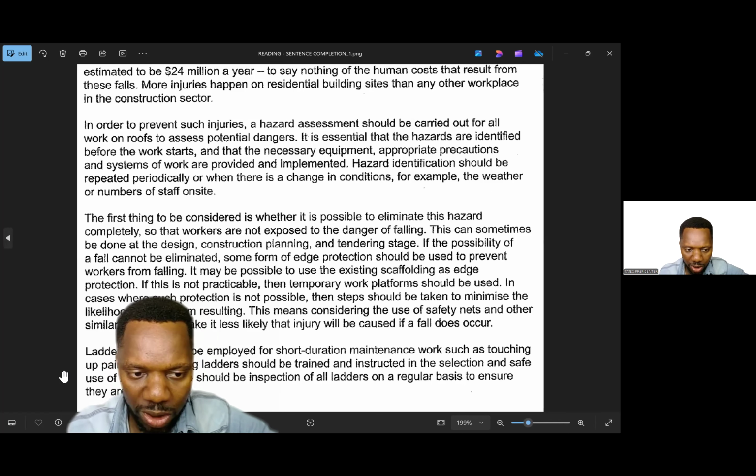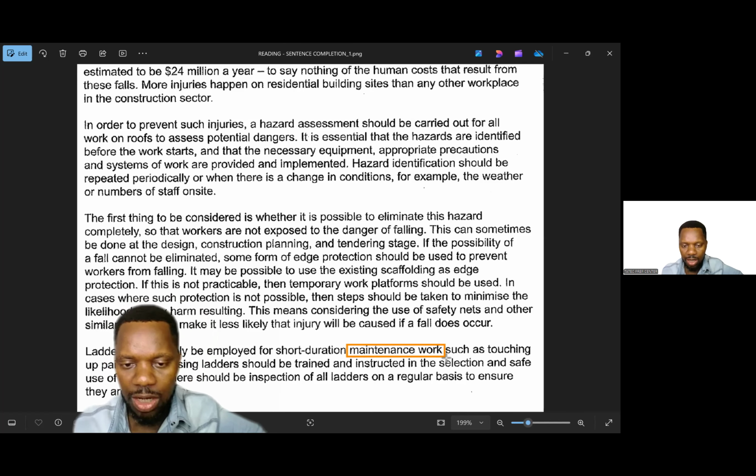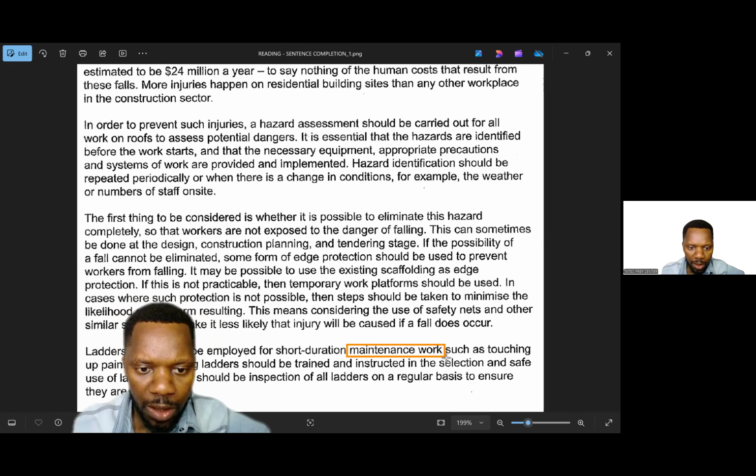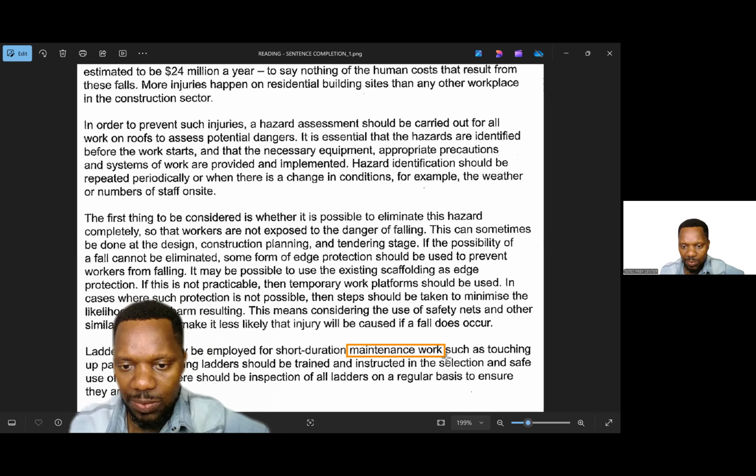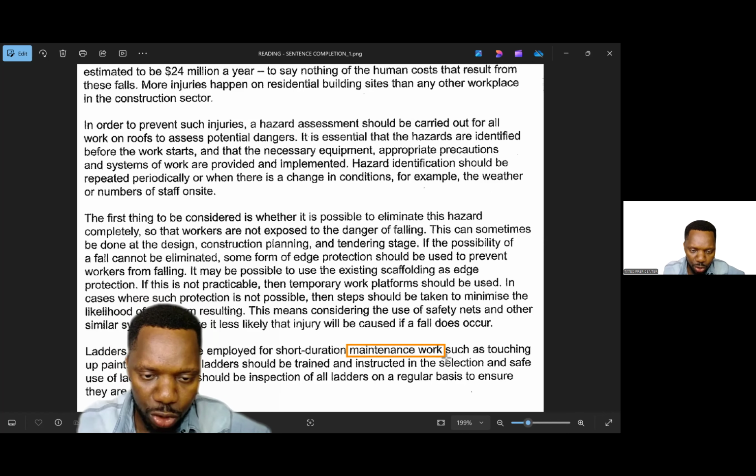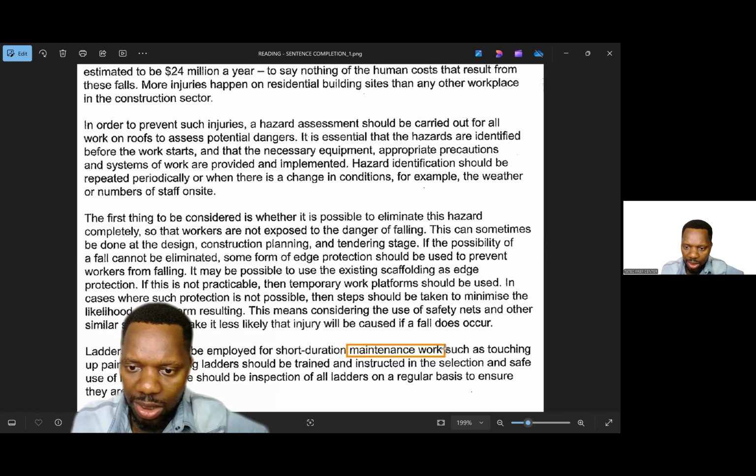That's for question number 20. Question number 21: people using ladders should be trained and instructed in the selection and safe use of ladders. So selection is the best answer for us.